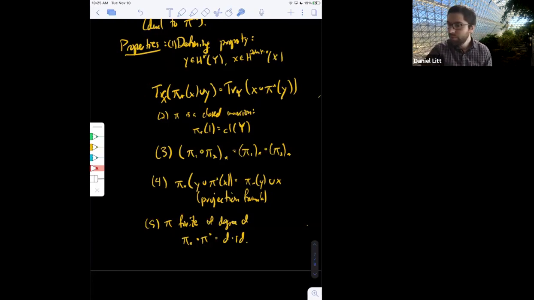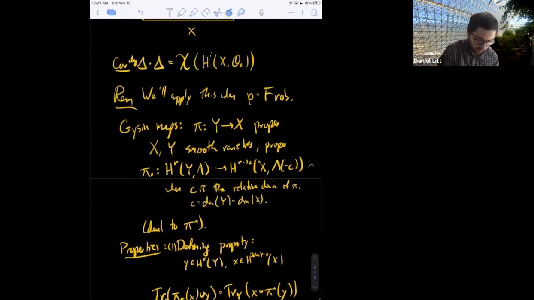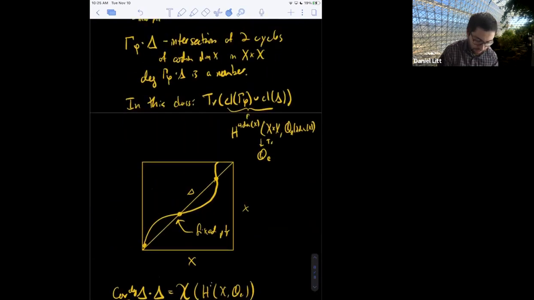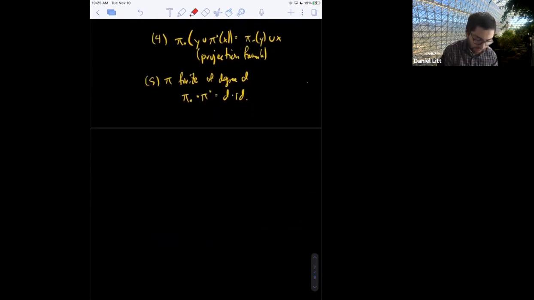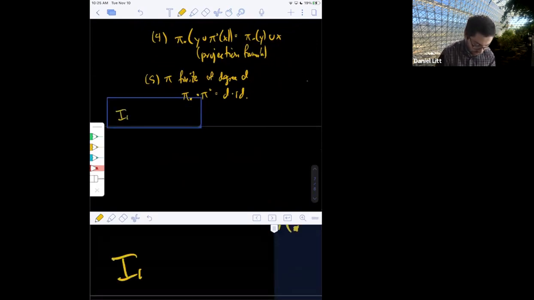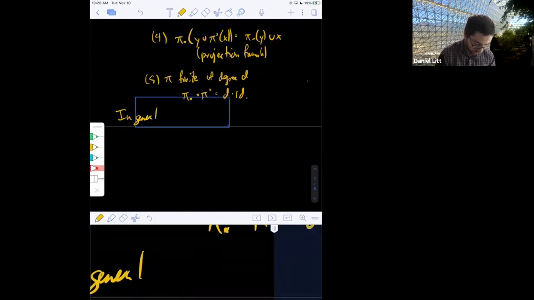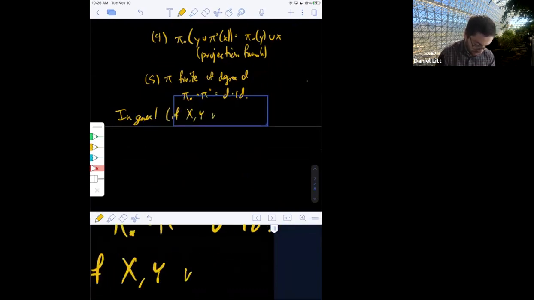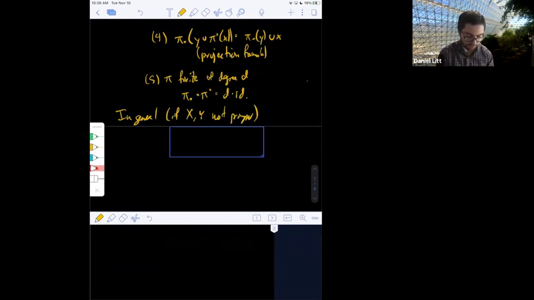Cool. All right, so let's go back to this. Yeah, so maybe I'll remark. In general, here I described what happens in the proper setting, just so I don't have to write a lot of subscripts.